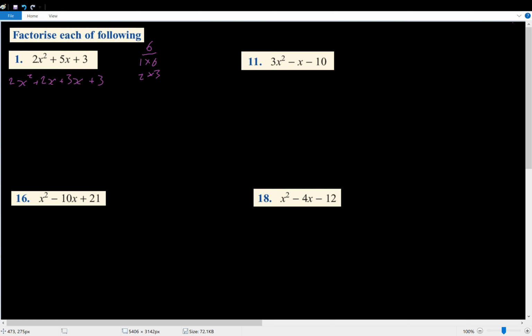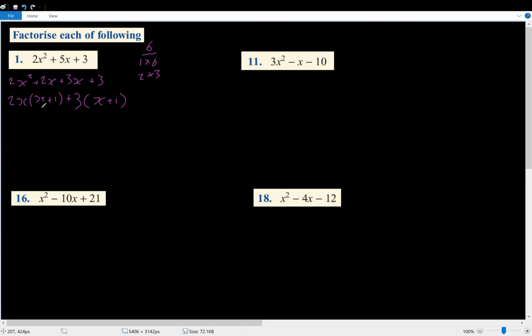And the reason we do this is now we've turned it into an expression that we can factorize by using the grouping method. So if we take the first pair together, the highest common factor from them is going to be 2x. And inside our bracket we're going to get x plus 1. And then from the second pairing, our highest common factor is going to be 3. So we're going to get 3 multiplied by x plus 1, like that.